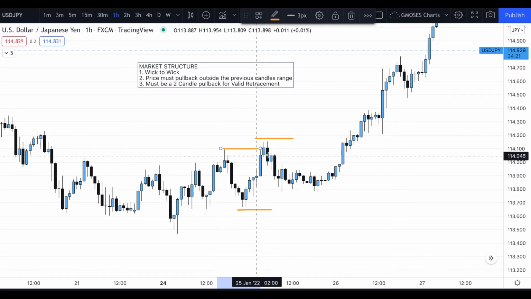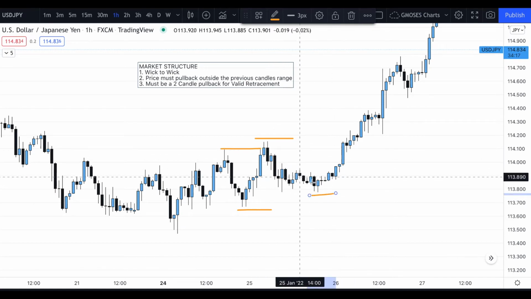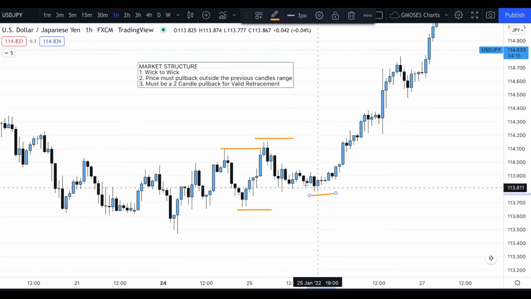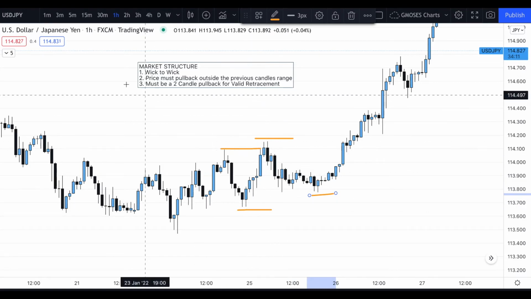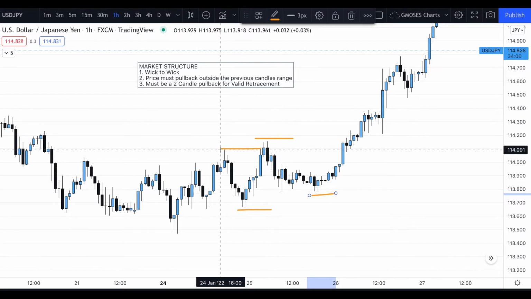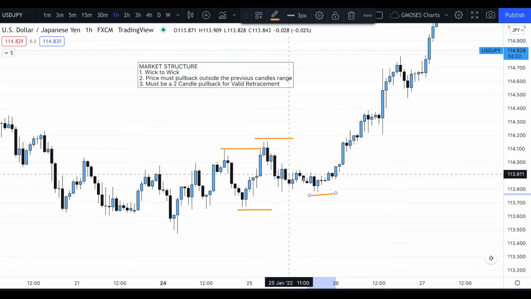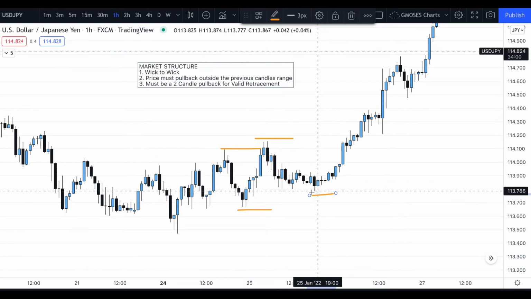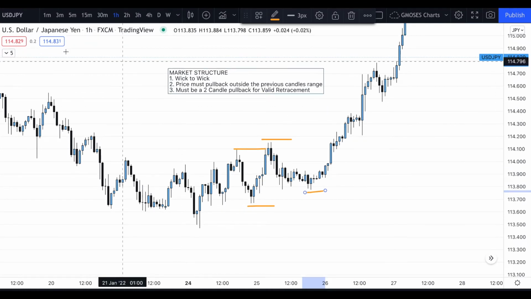It broke the previous candle's range, and from there, this leg of structure gave us our next higher low. Okay? So wick to wick, we're looking at the wicks. And part 2 says price must pull back outside of the previous candle's range. This is the previous high here. Price broke that point, and then it came back and gave us this leg of structure, which gave us our higher low.